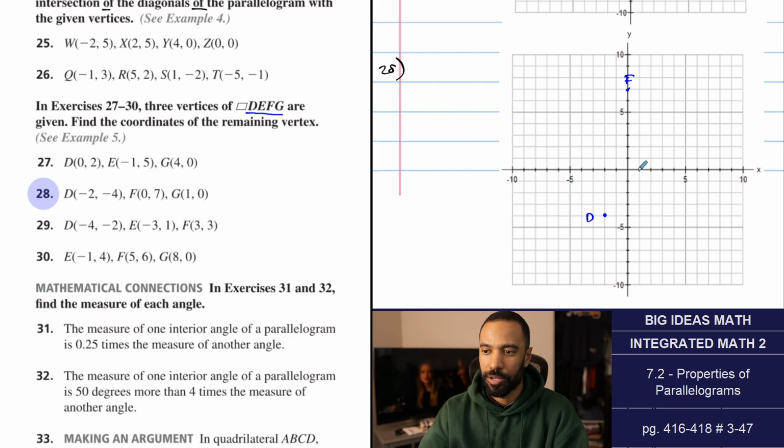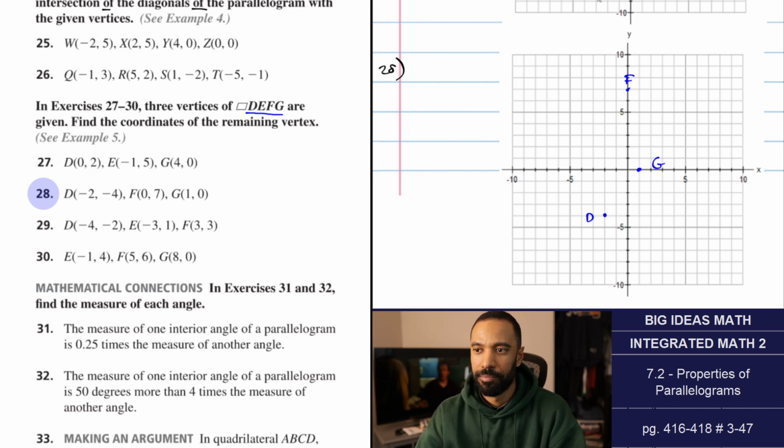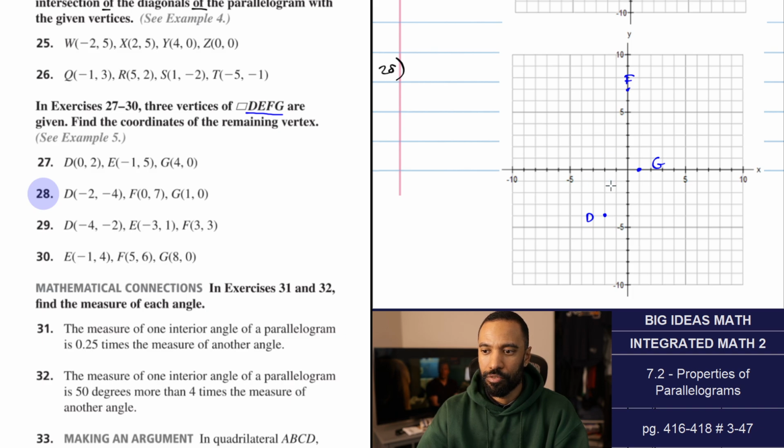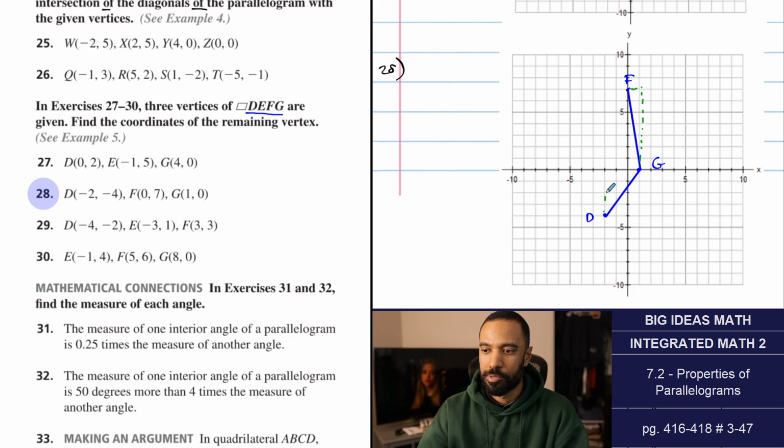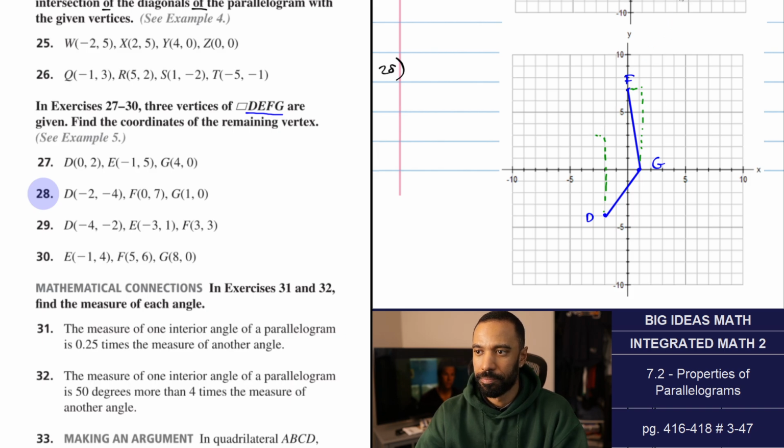G is at (1, 0), right here. So D, some E over here, then F, then G. We're trying to find that E. Let's do it the same way: as G goes to F this way, D needs to go to E. So G rises up 7 over 1, so we've got to go up 7 from negative 4, which is positive 3, and over 1, which is right there.